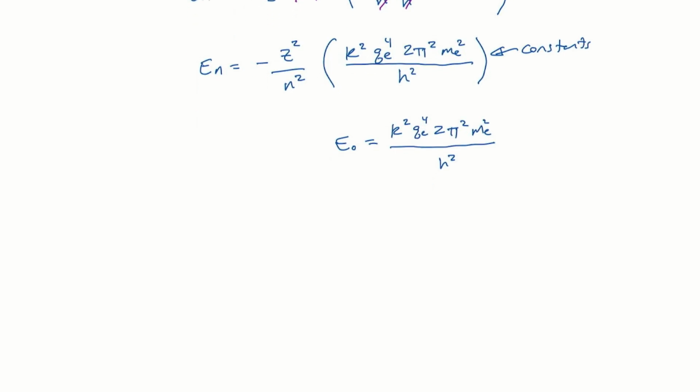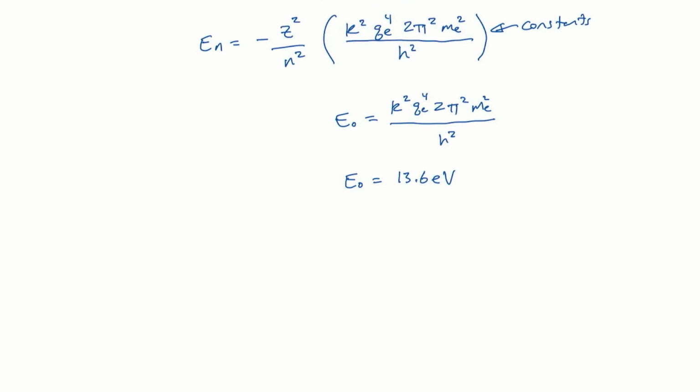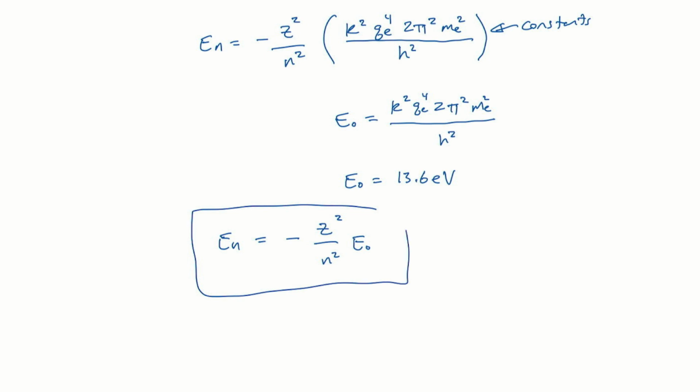And when we compute all those constants and convert to EVs, we get 13.6 EVs. And so we have E sub n is minus z squared over n squared times E naught. And we have the E naught is 13.6 electron volts.